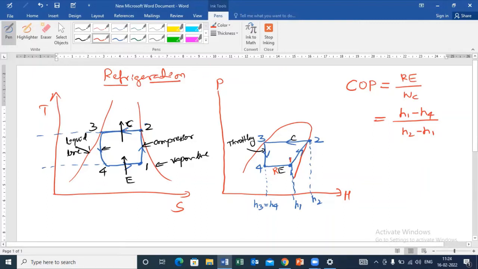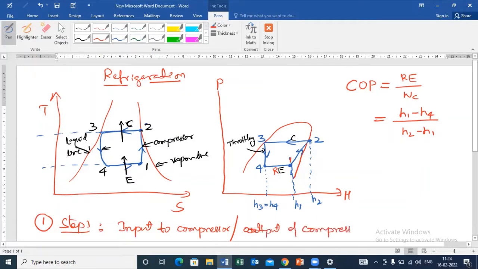First point, what you need to understand here is what type of condition is given in the cycle. Step number one, keep in mind what is the condition at input to the compressor, or output of the compressor.